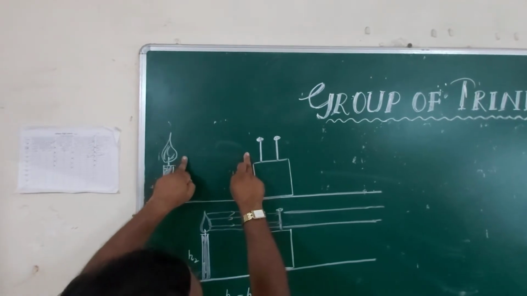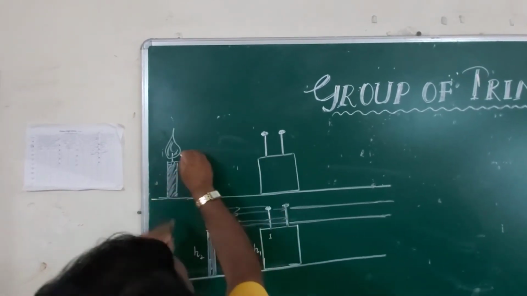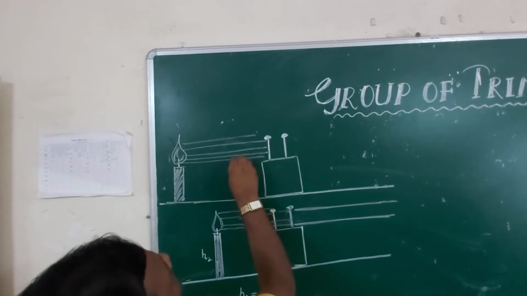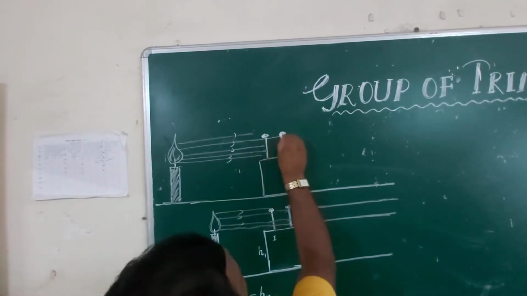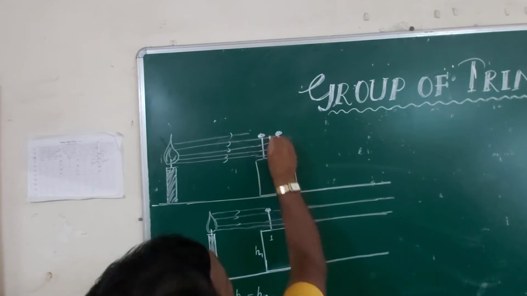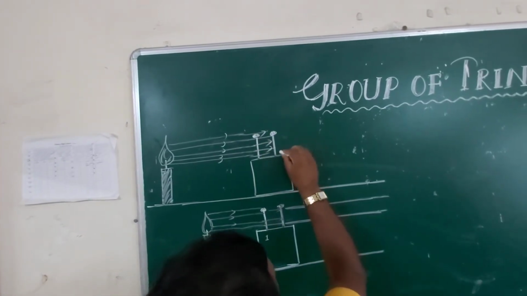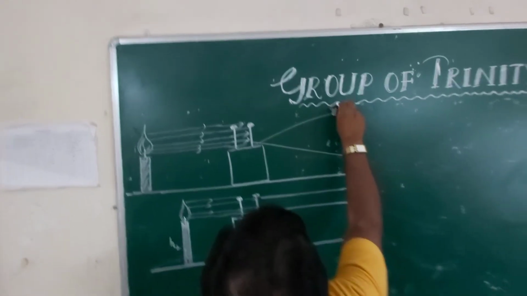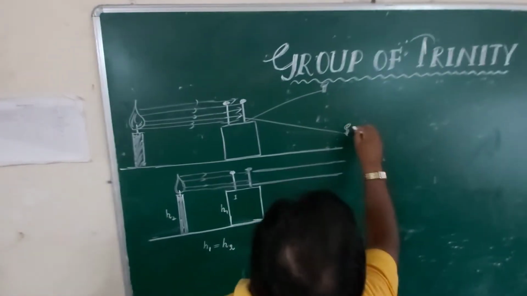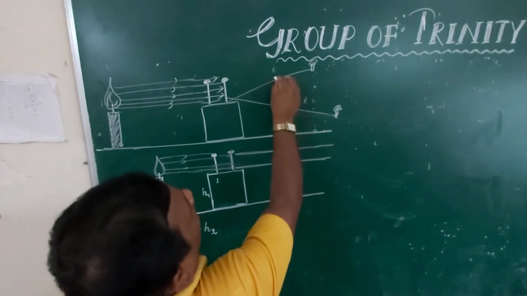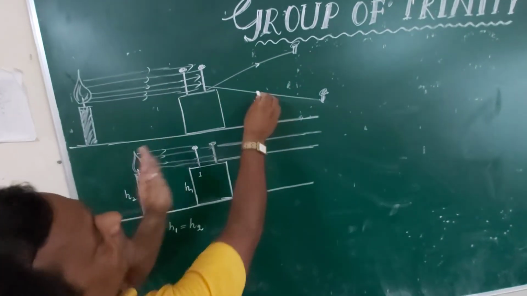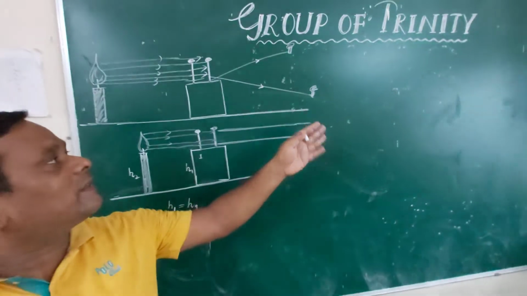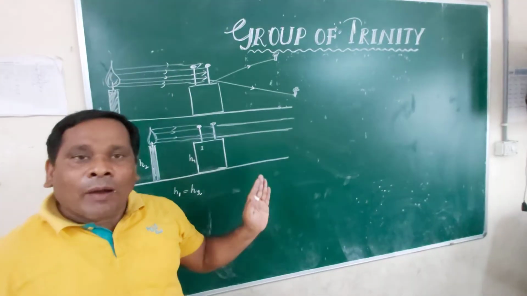Due to the low intensity of the light falling on the pins, the shadow becomes divergent. What shadow is formed? A divergence shadow is formed, right? That means the light is diverging. This is called the divergent ray, and this is called the parallel ray.